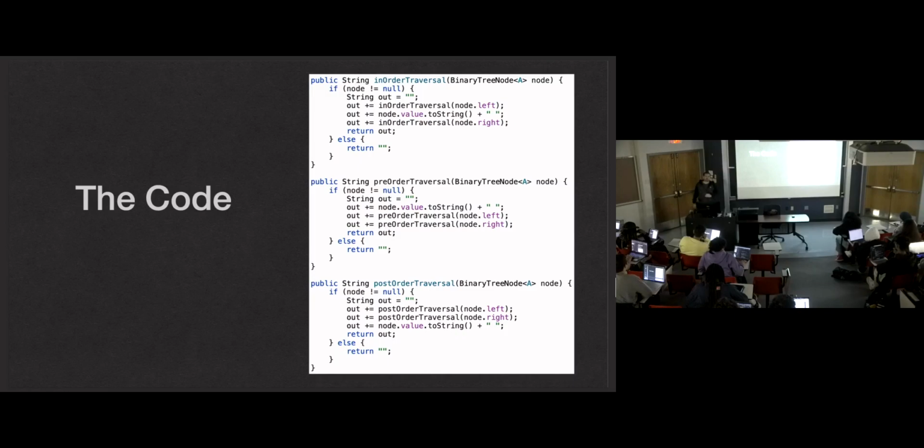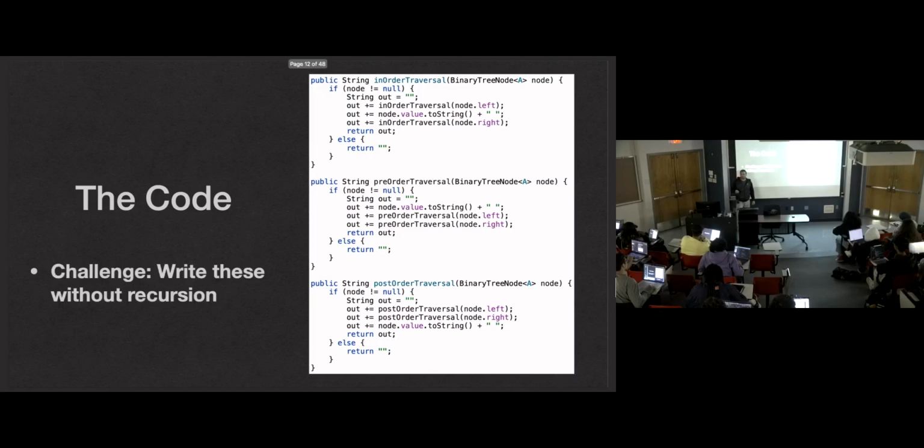This is our first big payoff of recursion, that it made this task very simple to code. Of course, we're going to have a whole memory diagram to see why this works, which is more complex. But to code it, we just added one more recursive call, and we're done. My challenge to you, those of you who are recursion naysayers, is try to write this code without recursion.